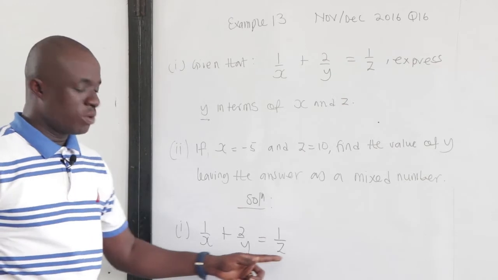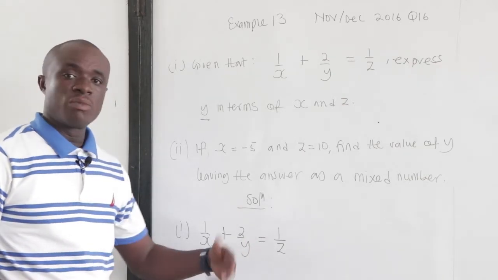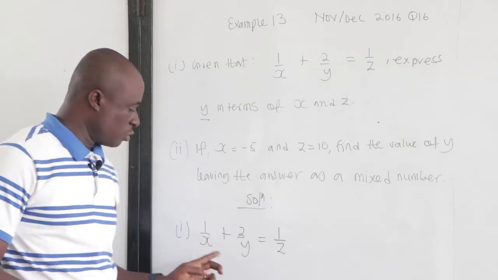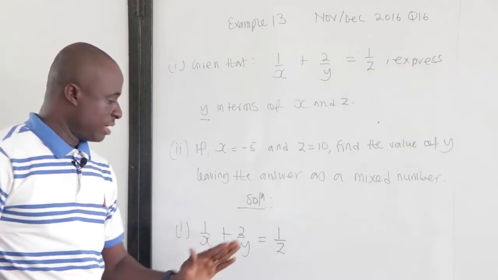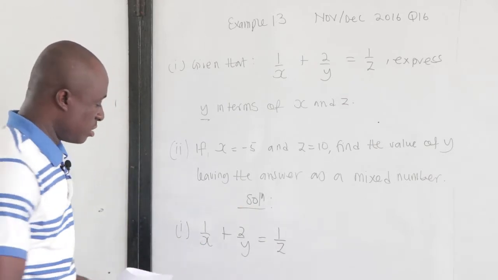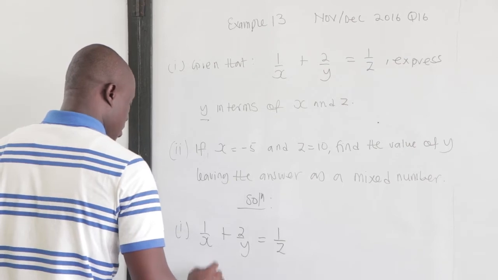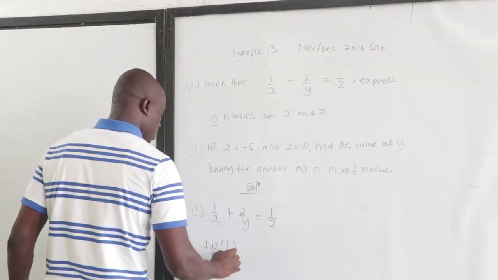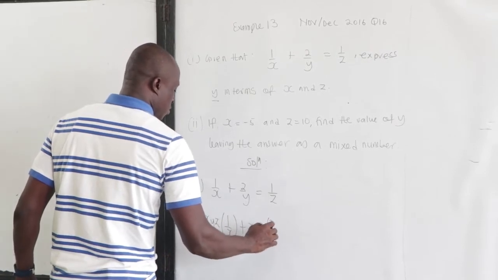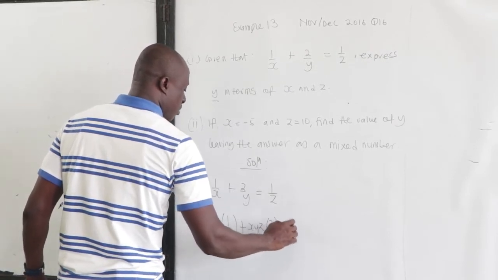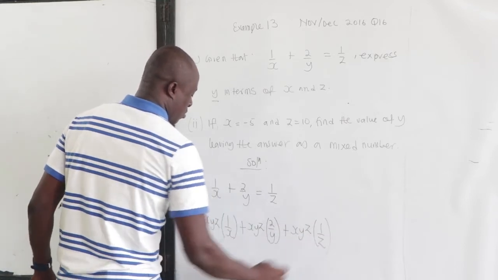Now, what we have is a fractional form. What do we do? We find the LCM, and the LCM is the multiplication of the denominators, which is xyz. So I have to multiply each term by the LCM. So the first term, we have xyz times 1 over x, plus xyz times 2 over y, plus xyz times 1 over z.